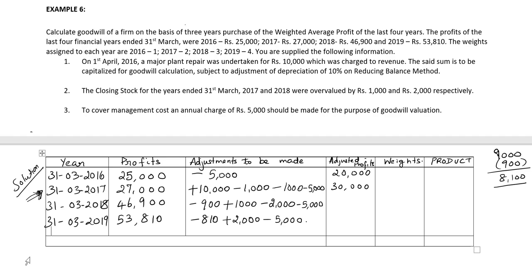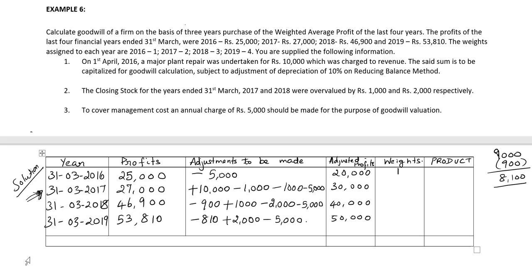The third year, 2018, 46,900, and the net effect of the adjustments is 6,900. And we need to deduct this amount, so we get 40,000 rupees. And for 31/3/2019, 53,810, and the net effect of the adjustments is minus 3,810, so we get 50,000 rupees.